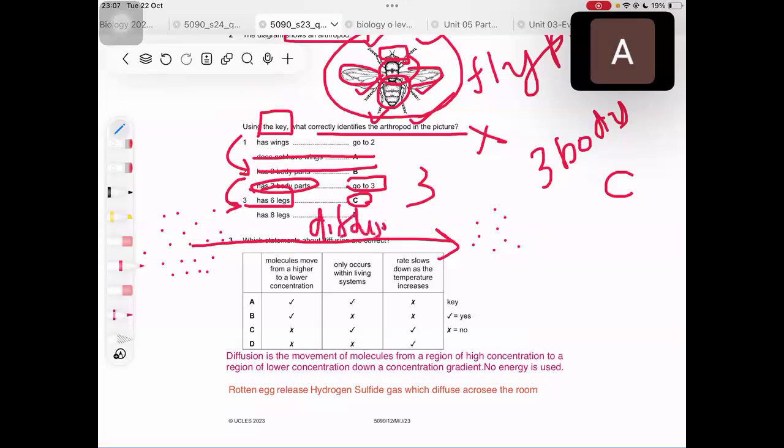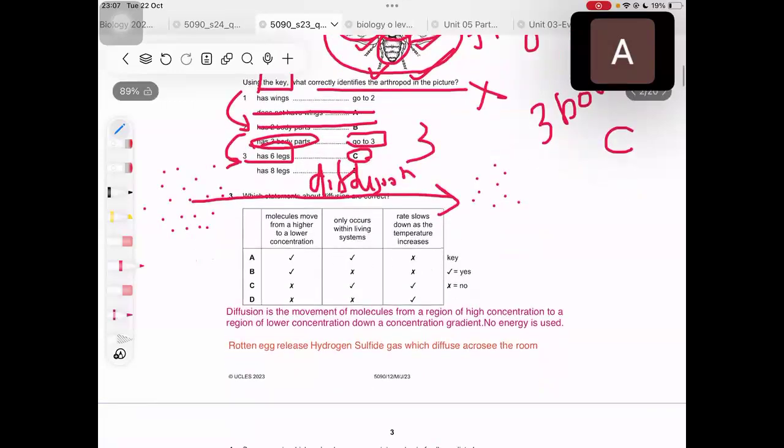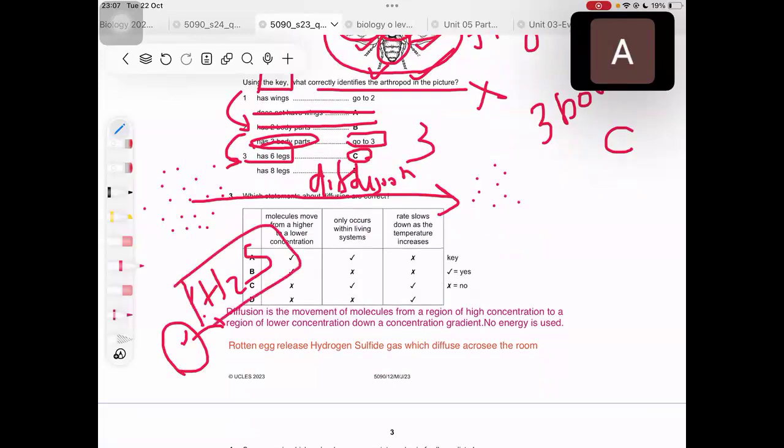For example, think of a spoiled egg in your kitchen. Someone accidentally breaks it, and this egg will emit a bad gas, known as hydrogen sulfide. Now this takes place in the kitchen, but you are in your room, and still you can smell it.